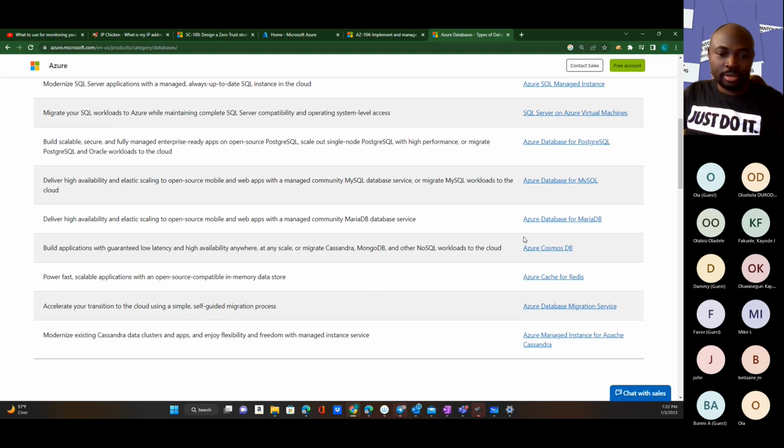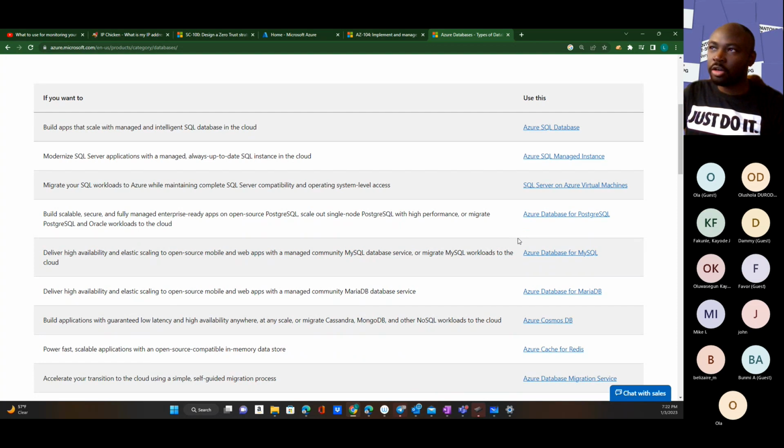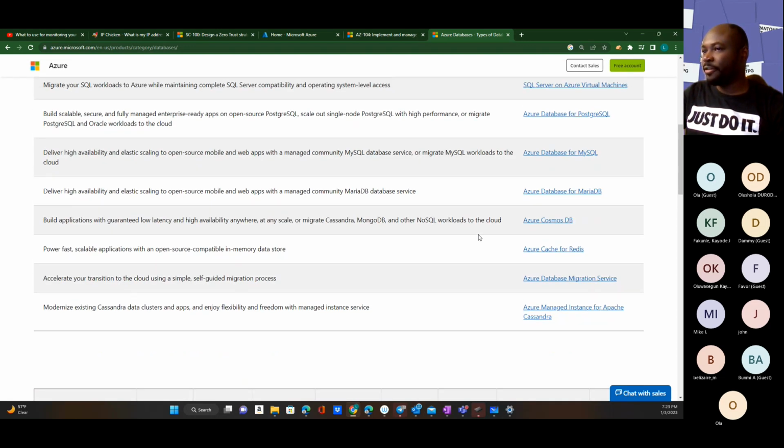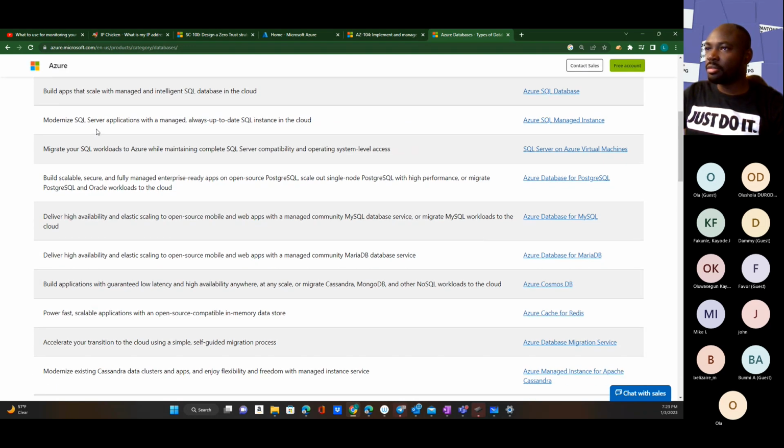But you can't know everything, so don't worry. Nobody's going to be asking you unless you are doing a course on databases like DP-300. I think DP-203 or so. Unless you are doing a dedicated course on databases, maybe you might want to get familiar with all these databases, and you can see all their functionalities.